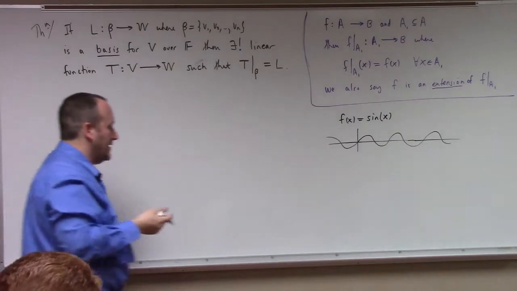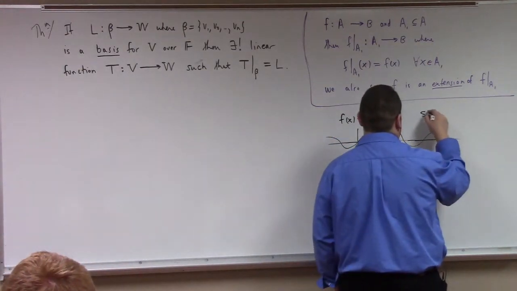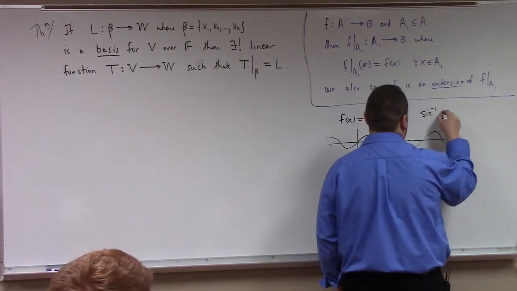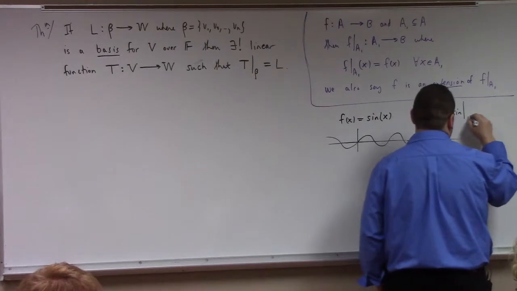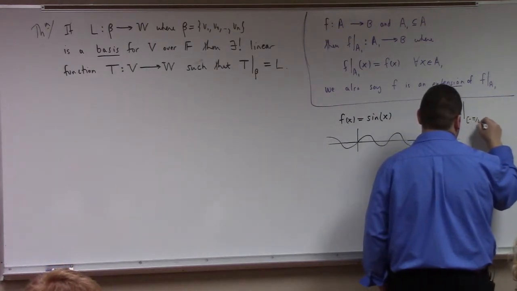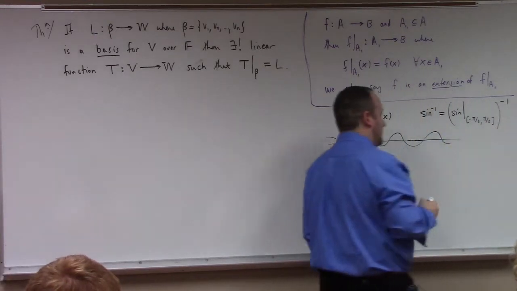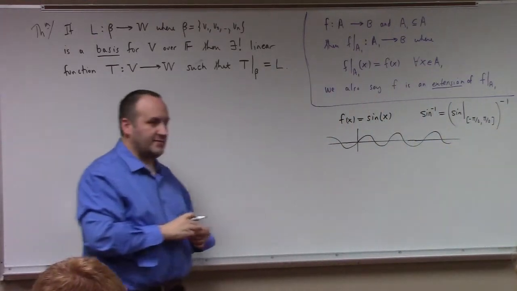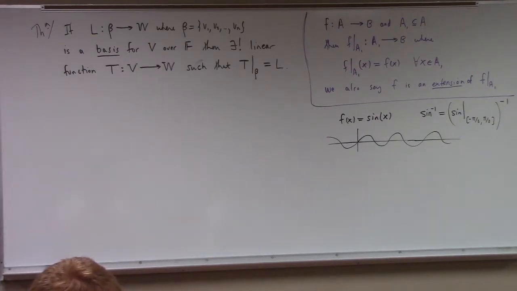So how can we talk about inverse sine, also called inverse arc sine? Inverse sine is actually sine restricted to minus pi over 2 to pi over 2, inverted. The inverse sine is actually the inverse of the restriction of sine to that particular domain.